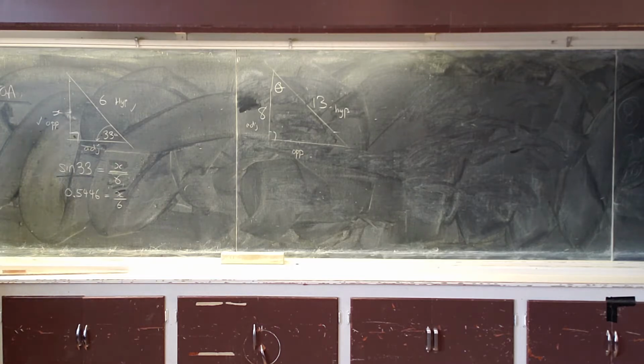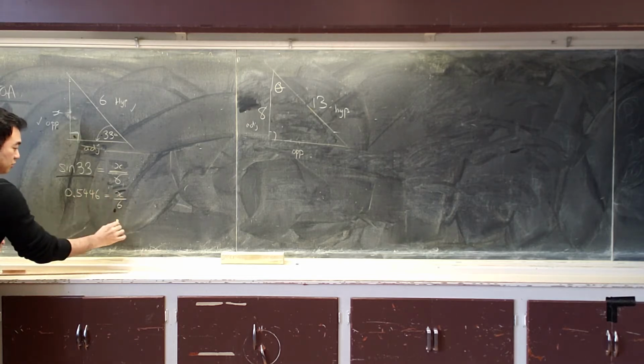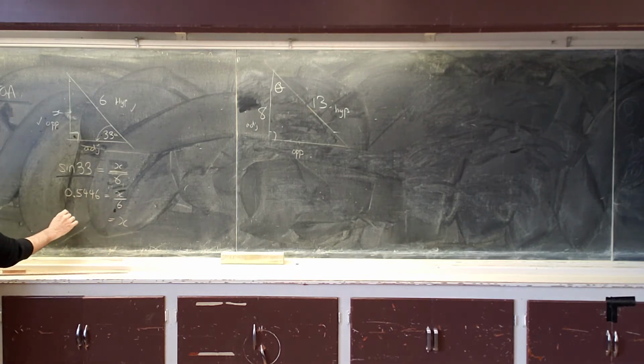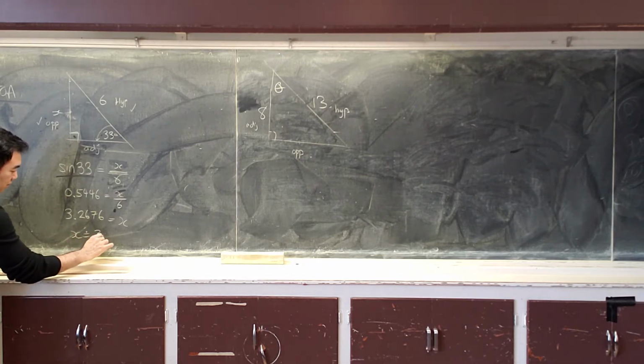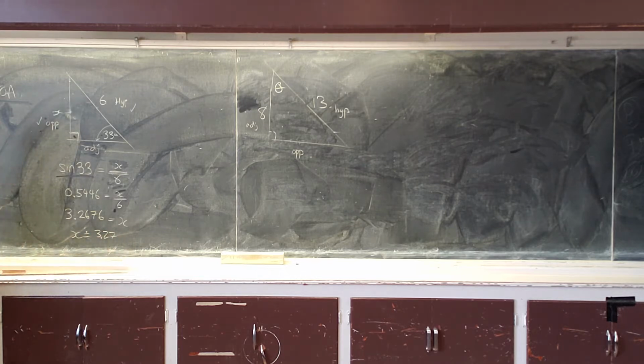Both sides have to be multiplied by 6 because this is a division by 6, which means this would be about 3.276, which rounds to approximately 3.27. That will be the length of this side.